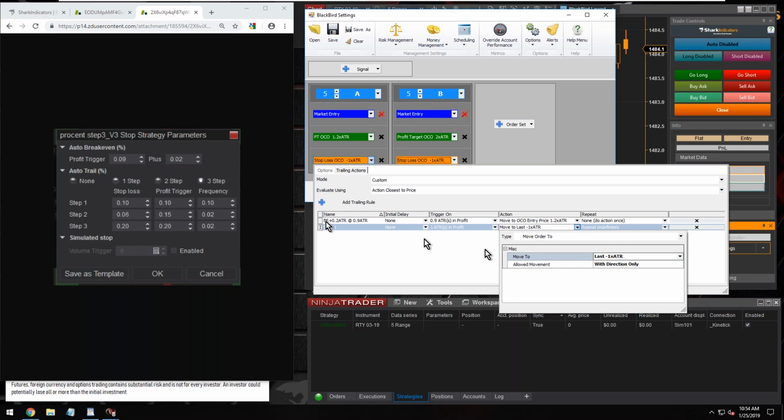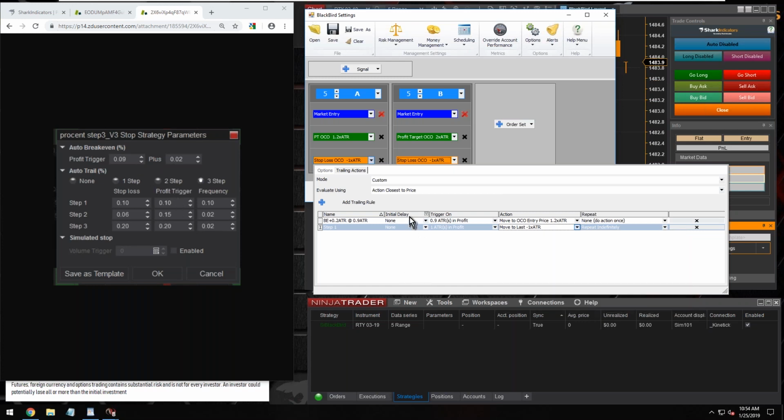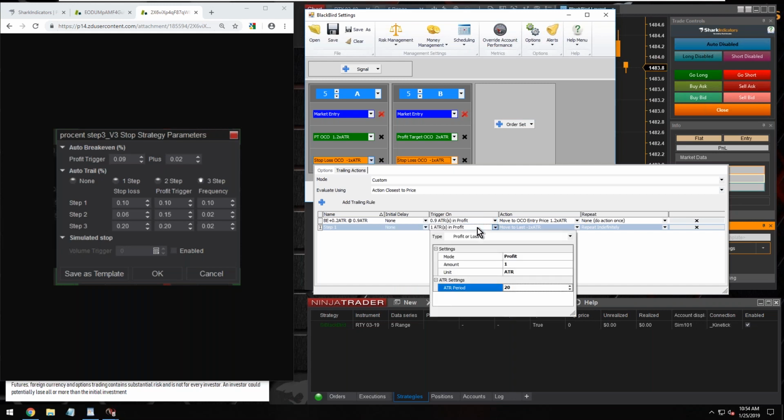Now the profit trigger column, depending on what measurement unit you're using, the profit trigger can be either the initial delay column, or it can be the trigger column, and we could use the profit or loss option of the trigger column here, right? So either column works, right?